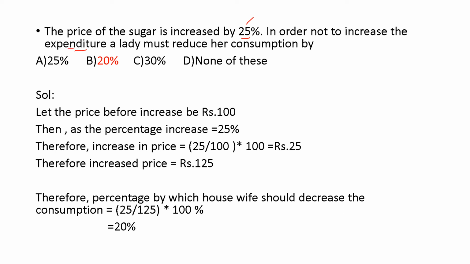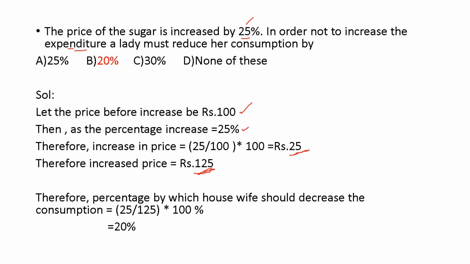So let the price before increase be rupees 100. Later it has been increased by 25%, that means 25 rupees have been added, so the increased price is 125.